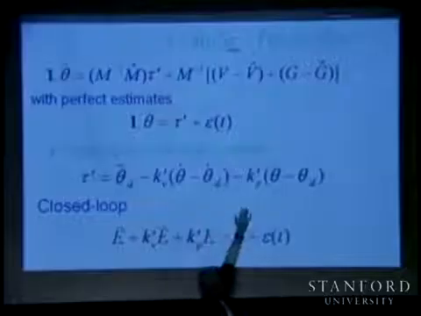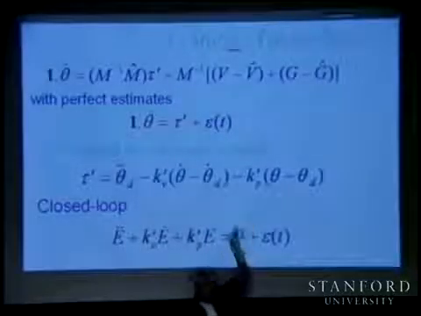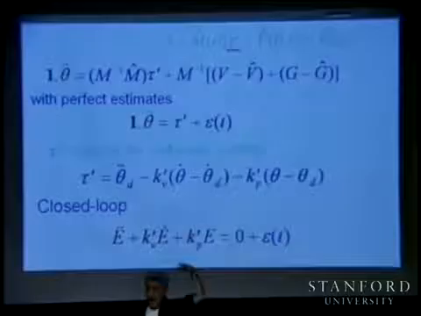So what is the effect of m minus 1 and m hat? Well, if you make a mistake in the estimate of the mass matrix, it's going to scale up or down your gain, your Kp. With this structure, m hat times torque prime means Kp prime is multiplied by m hat.